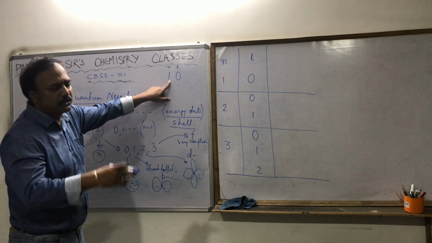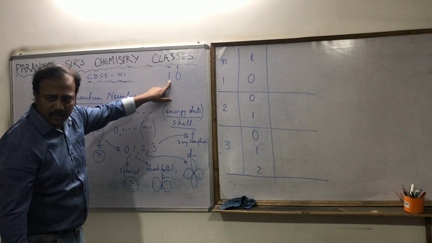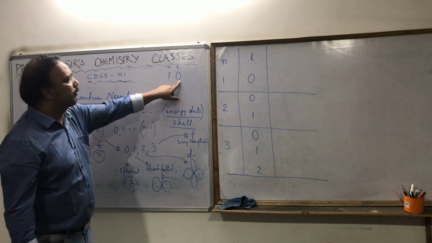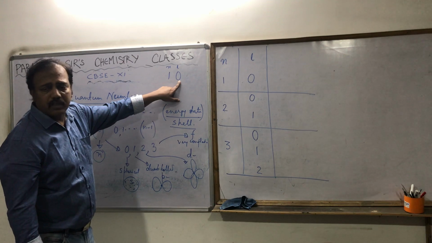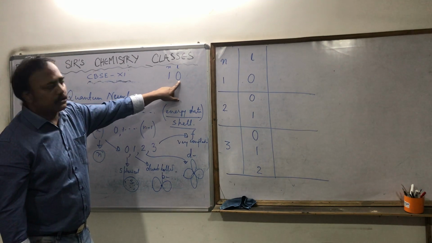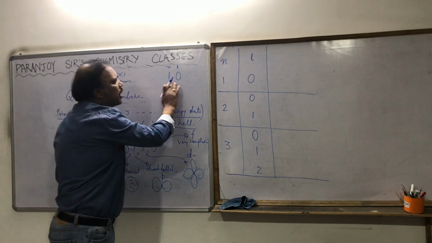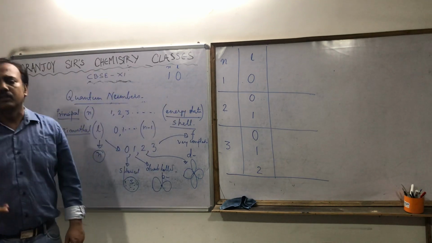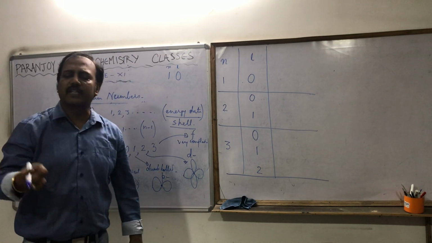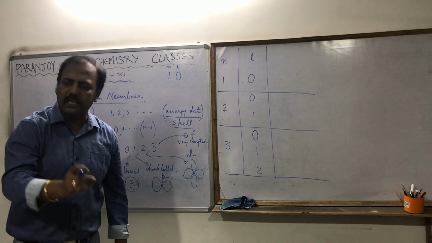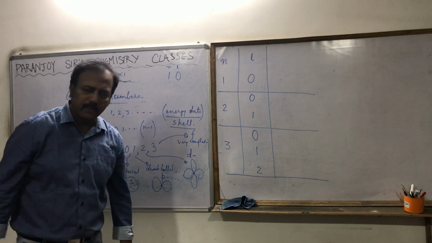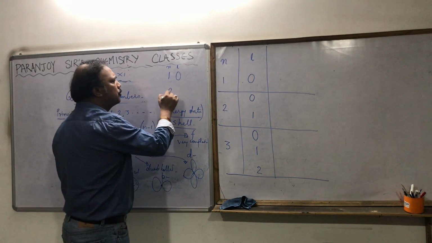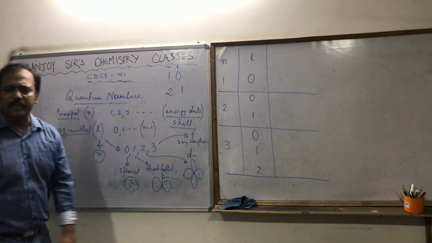Which orbit? 0 is s orbit. If I write only 1, 0, I am talking of some electron which is present at the first shell and s orbit.